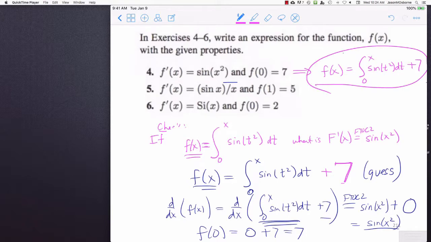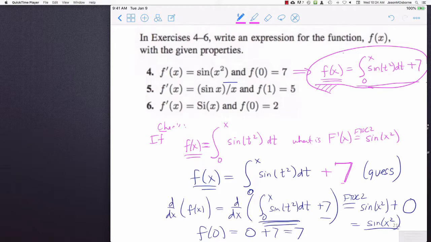Now, that will probably be a very unsatisfying answer if you are looking to have nice answers to these problems. But the previous videos have hopefully set us up for the fact that not all functions are nice. This is an example of a function that is defined by an integral, and this is your answer.